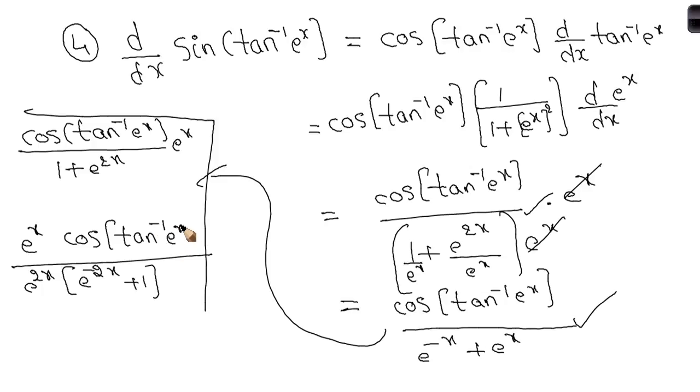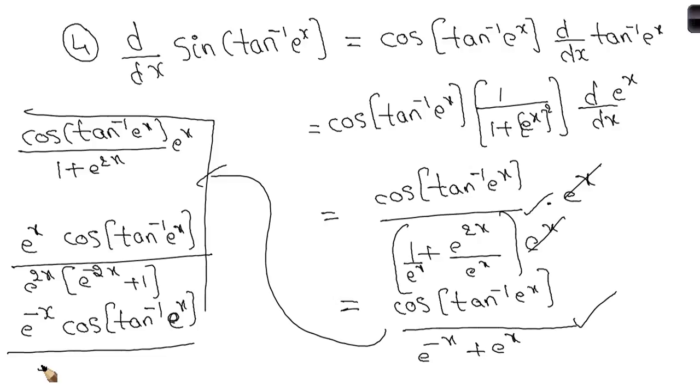So this becomes e^x by e^(2x), which is e^(-x), into cos of tan inverse of e^x upon e^(2x) into (e^(-2x) plus 1), or 1 plus e^(-2x). This also can be the correct answer.